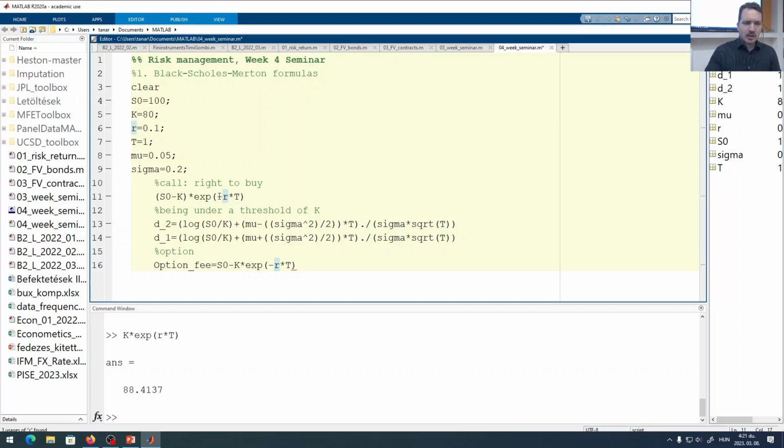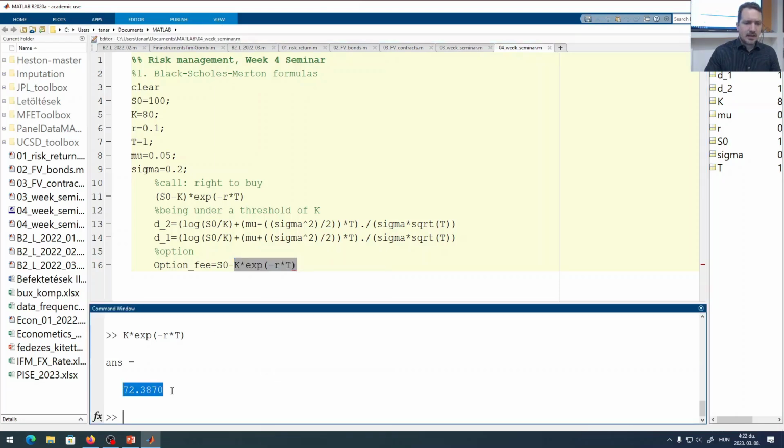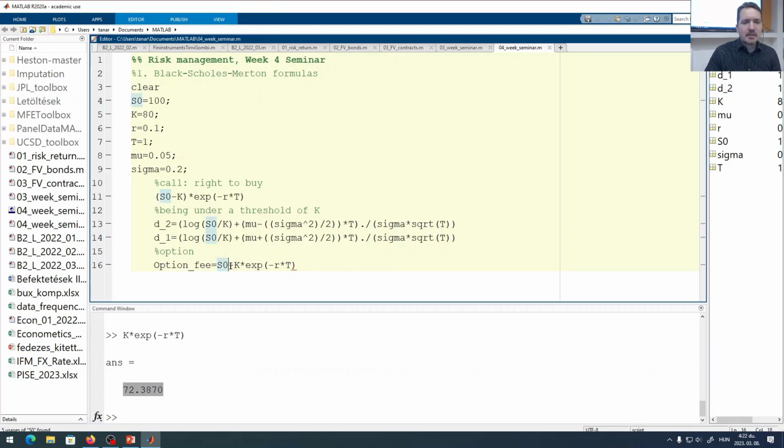This U should be also minus. Let's put it back. So now it's nicely losing it, so now it's discounted.